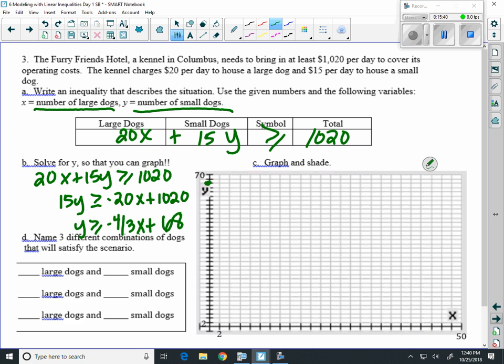I'm getting a y-intercept of 68. Do you agree? Yeah. Okay, and your slope should be negative 4 over 3.